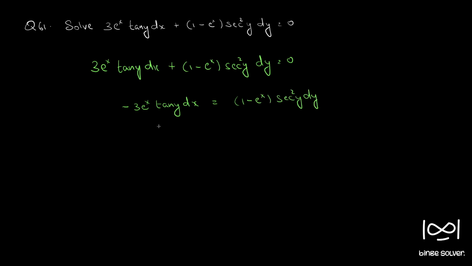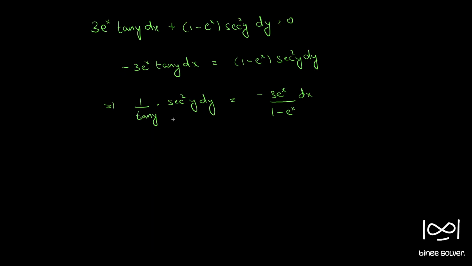Now bringing all y terms to the other side, therefore 1 by tan y into sec square y dy is equal to minus 3 e raised to x by 1 minus e raised to x dx.